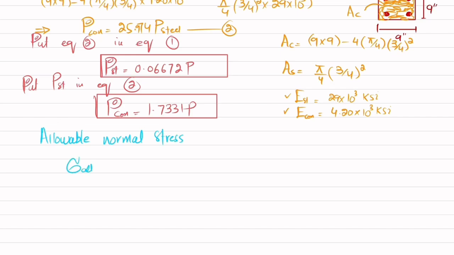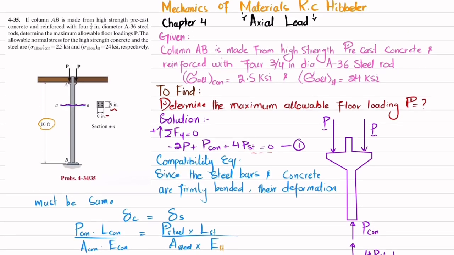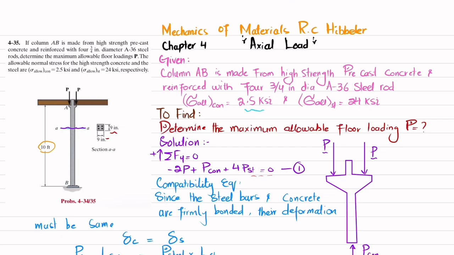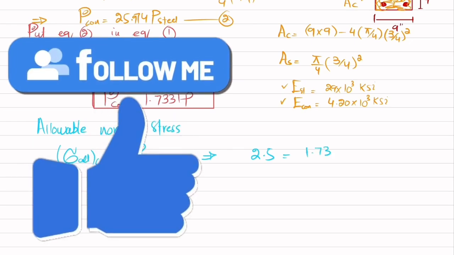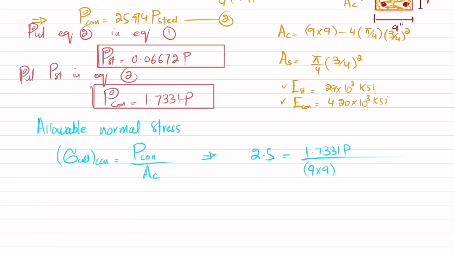So allowable normal stress for concrete will be equal to P of concrete divided by area of concrete. Clear? So from here we know that allowable stress for concrete is 2.5 ksi. So 2.5 ksi will be equal to P of concrete, which is 1.7331 times P, divided by area of concrete, which is 9 multiplied by 9 minus 4 times pi by 4 into (3/4) whole square.